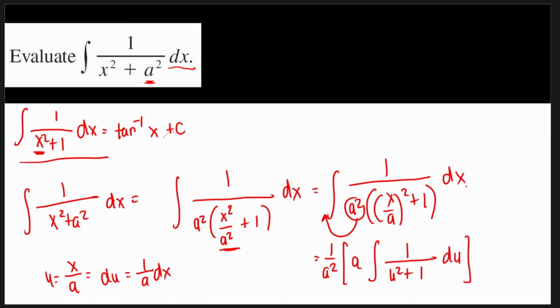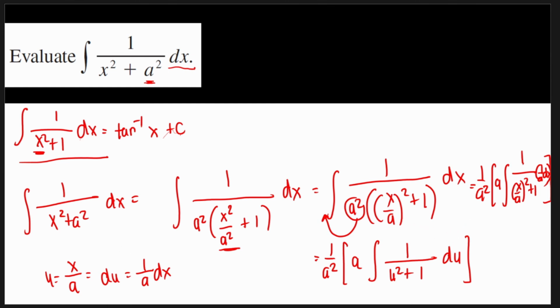In other words, this is equal to 1 over a squared times a times the integral of 1 over the quantity x over a squared plus 1, times 1 over a dx. So that is what happened here.